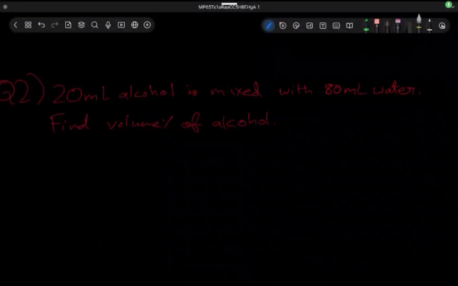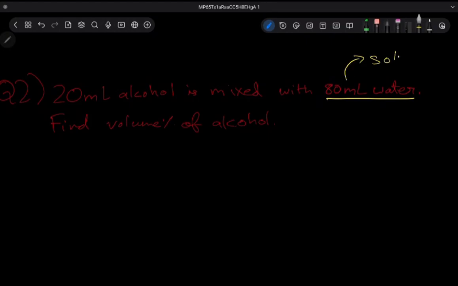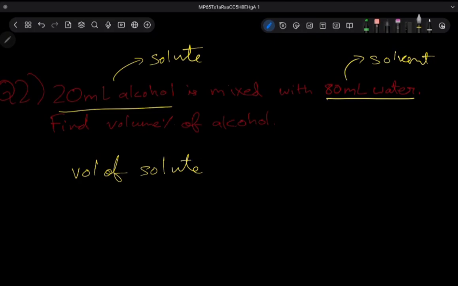This problem asks to find the volume percentage of alcohol in a mixture where 20 ml of alcohol is mixed with 80 ml of water. So this is the solvent, this is the solute, and the volume of solute is 20 ml.